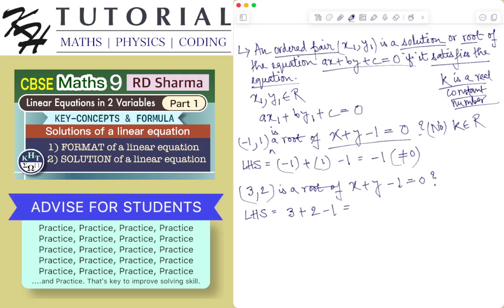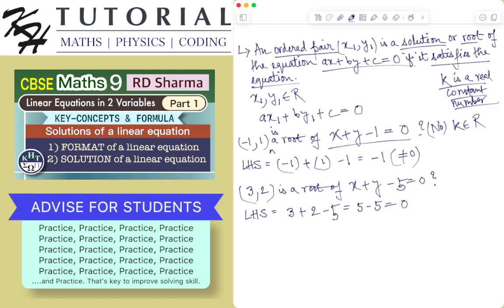Let's say the linear equation is x plus y minus 5 equals to 0. Then if I want to find the value of the LHS after substituting x with 3 and y with 2, that is, the value of the LHS of the given linear equation by substituting the given values of x and y from the ordered pair, I can see this is 0. So I can say that 3 comma 2 is a root of the linear equation x plus y minus 5 is equal to 0.